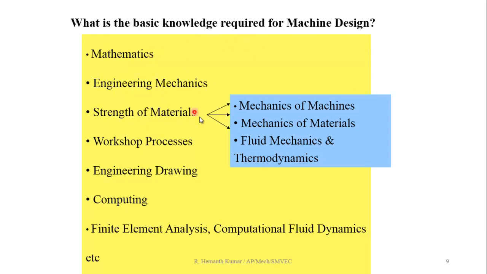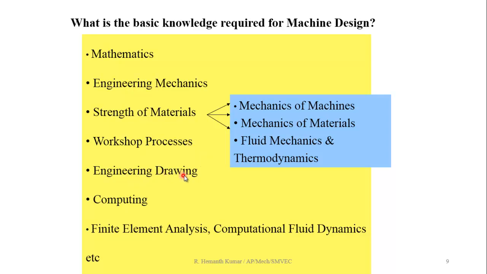These are all the basic subject knowledges that you will be needing for machine design. For designing any machine, you will be needing mechanics of machines, means kinematics, motion, movement of that machinery components. Those things we have to study. Strength of material, it comprises almost all these components. Similarly, workshop processes like forging, casting.